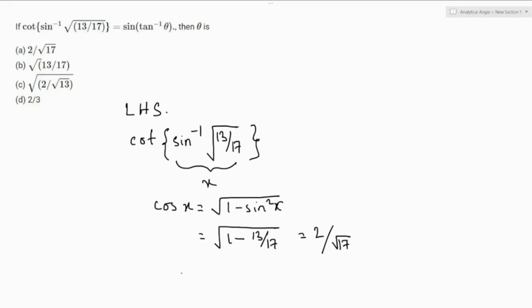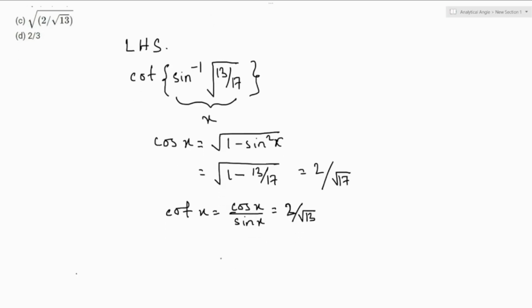Now we are going to write cot x, which is basically cos x by sin x. And if we divide the two values, that is 2 by root 17 divided by root 13 by 17, we will get 2 by root 13.